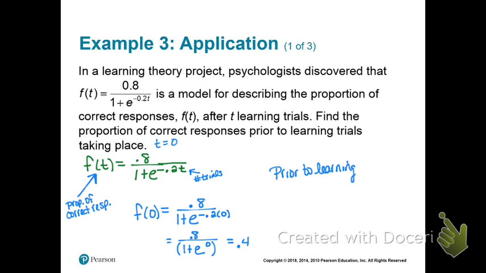All right, so prior to learning trials taking place, the proportion of correct responses was 0.4.